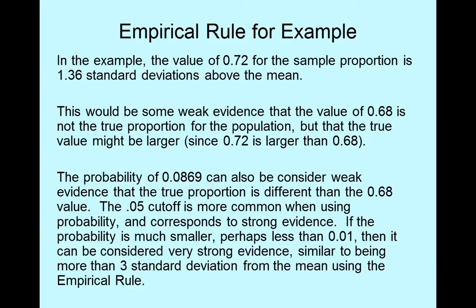So hopefully that gives you a good example of how to not only find the center, spread, and shape of the distribution, but also talk about probability of getting samples and how you can relate either that probability or the empirical rule and determine whether you believe the value you were told was the proportion.